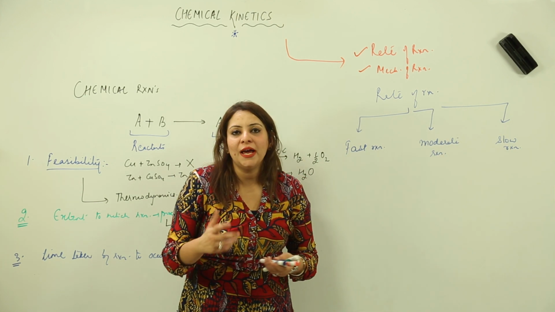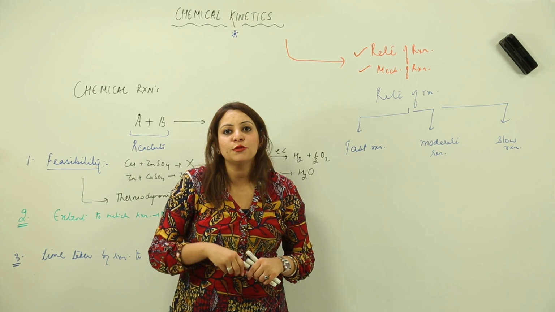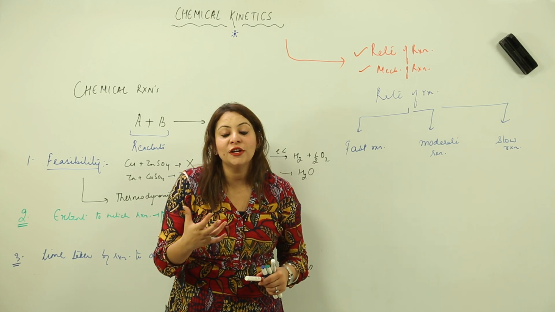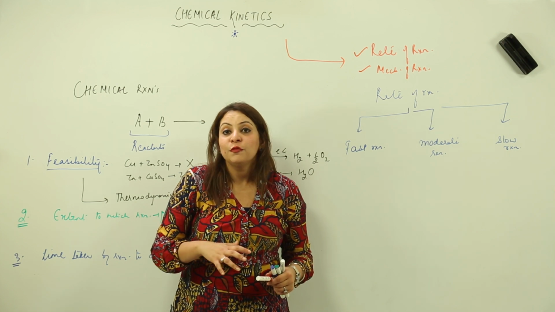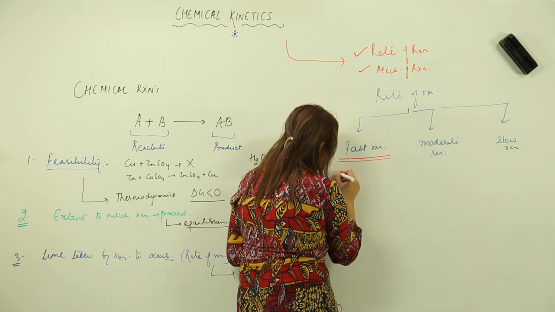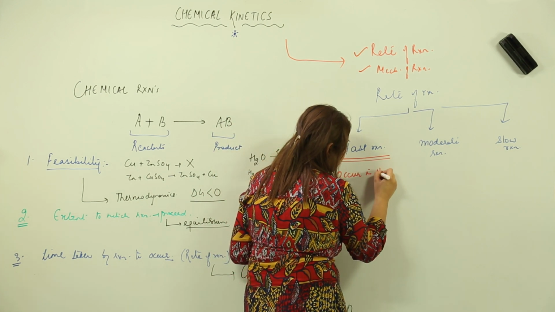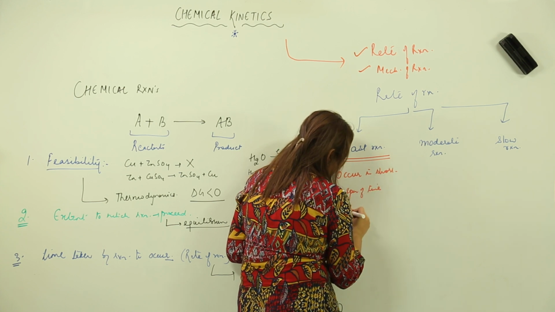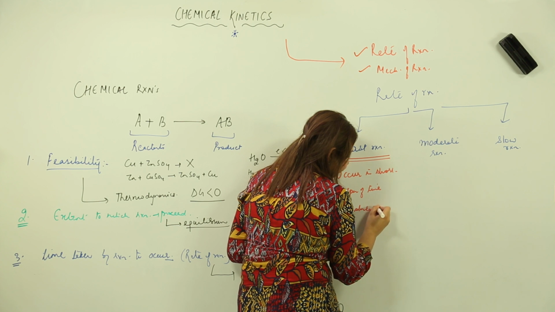Now what is the fast reaction? As the name suggests, fast means it has a maximum speed, it is instantaneous, it occurs very fast. Fast reactions are those which occur in a short span of time, they are instantaneous.